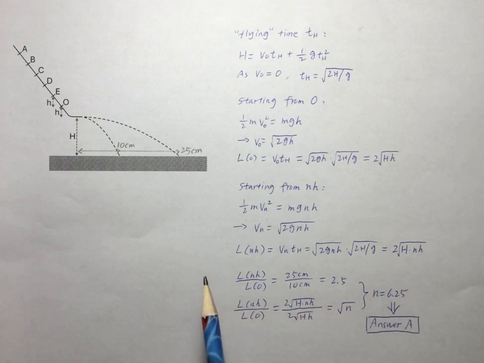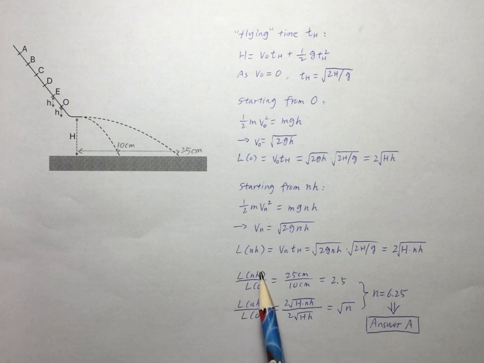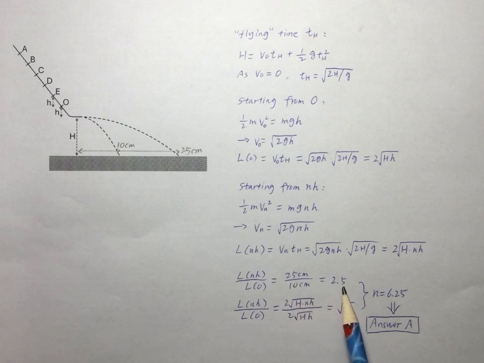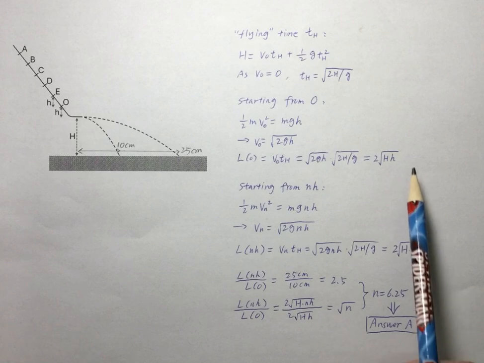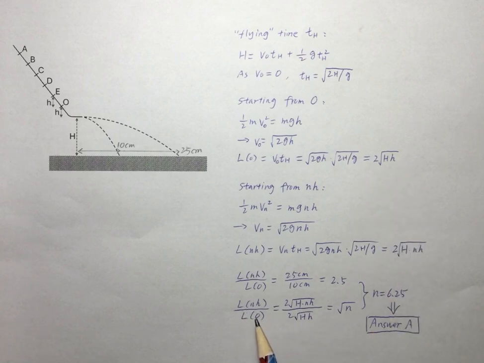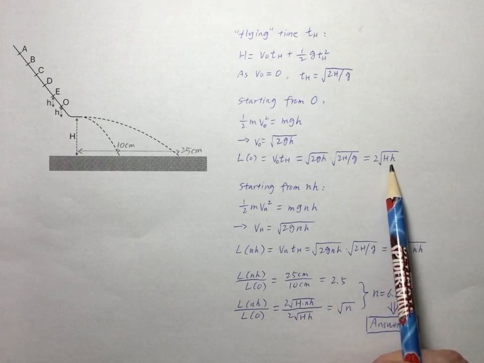So as the question says, LNh over L0 is 25 centimeters over 10 centimeters, which gives 2.5. And from these two equations, we know that LNh over L0 is 2 square root of H Nh over 2 square root of H h.